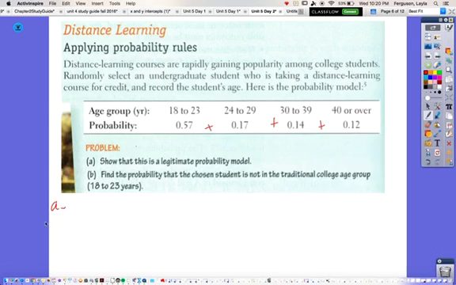And because each one of them is between 0 and 1, so they're all positive, and they all add to 1, we would say that this is a legitimate probability model.